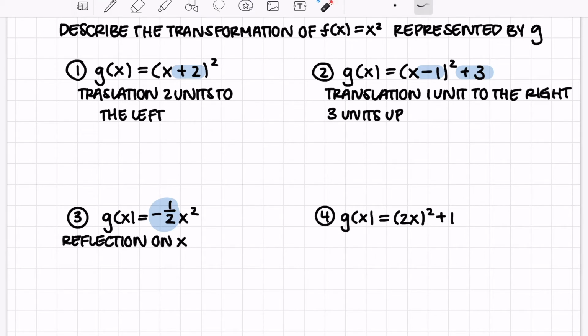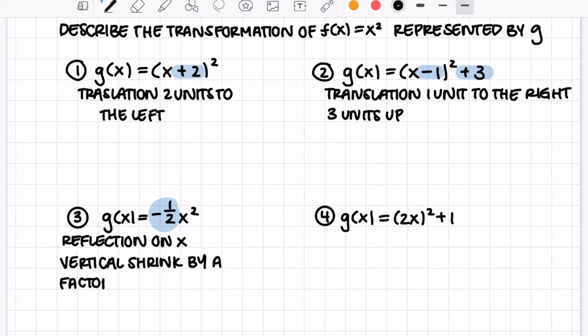And because we have a fraction, that means we have a vertical shrink by a factor of 1 over 2.